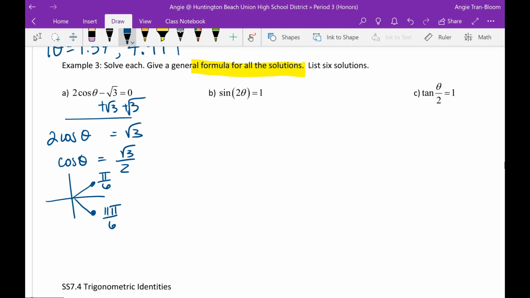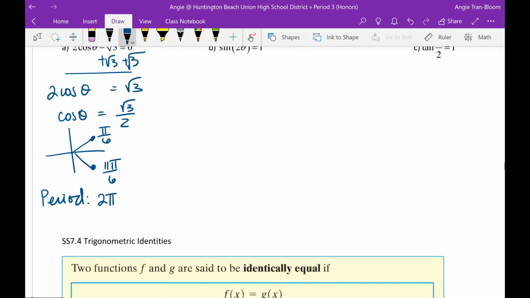Okay. Now we also need to decide the period, because I need to add multiple periods. What's the period here? 2 pi. How many equations are we going to have? Just 2, right? So theta is, the first angle is pi over 6 plus 2 pi k, because I need multiples of that.